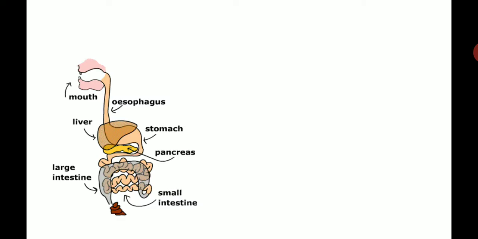The absorbed food is taken up by the body cells and tissues, and then finally the undigested food passes on to the large intestine, which is an inverted U shape, and then to the rectum, and from there through a small opening called the anus, the undigested food comes out of the body.